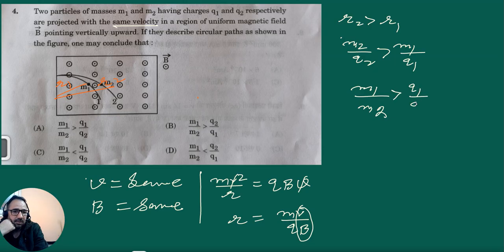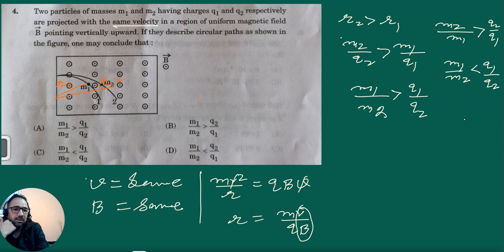Q1 upon Q2. You can write it this way also: M2 upon M1 is greater than Q2 upon Q1. When you reciprocate it, it becomes M1 upon M2 less than Q1 upon Q2.